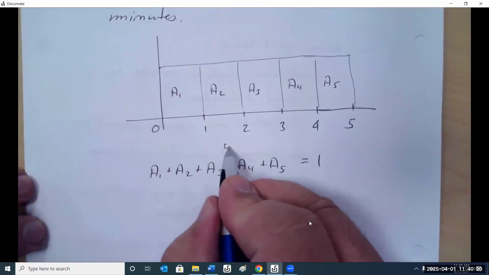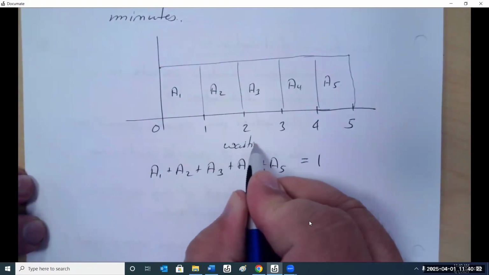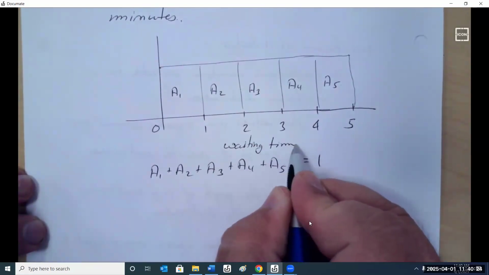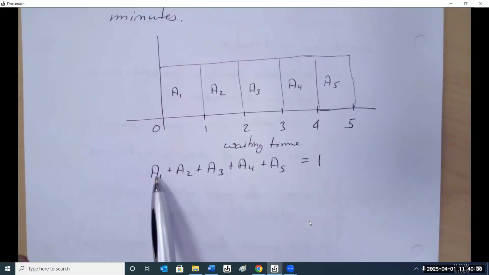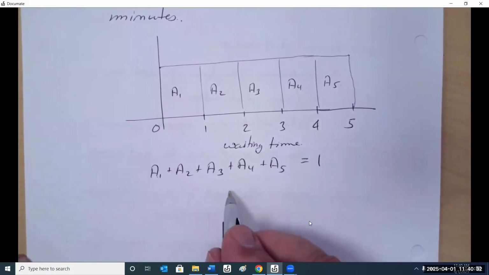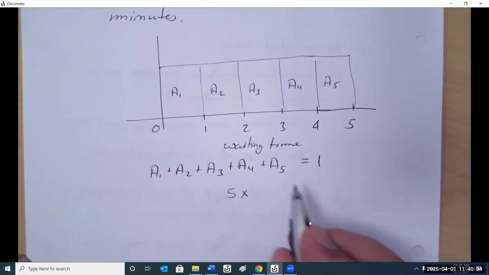This is the waiting time. So how much are each of those times? 1, 2, 3, 4, 5. So we have 5 times this wherever the X is.